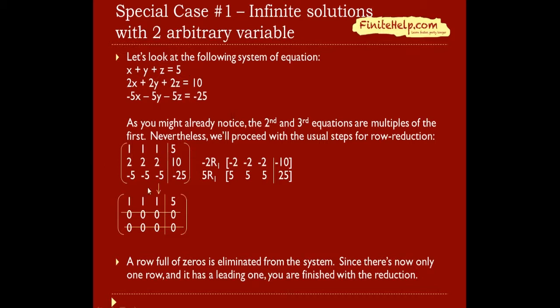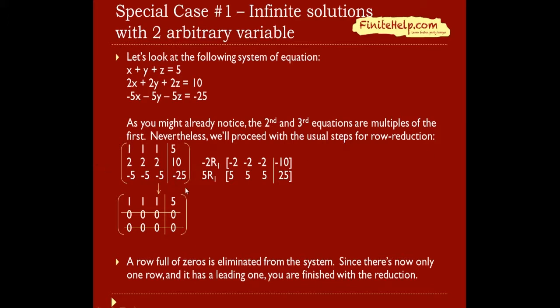So let's look at this system of equations, and I'm going to represent it in matrix form. First off, you might already notice that the second and third equations are simply multiples of the first equation.